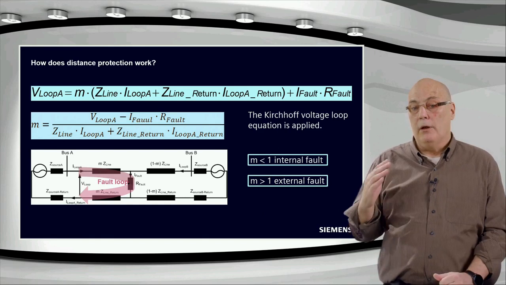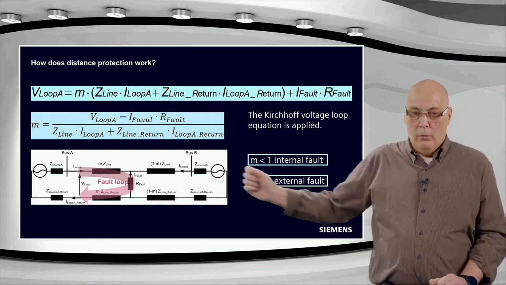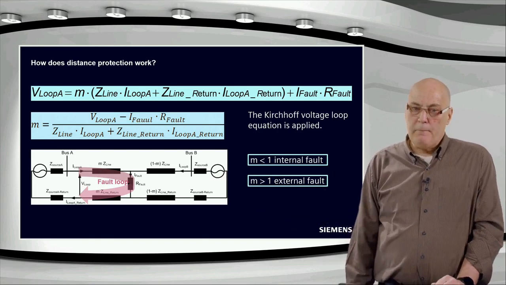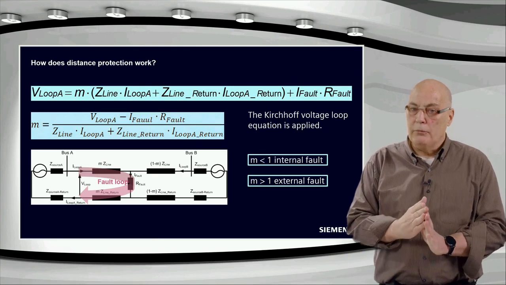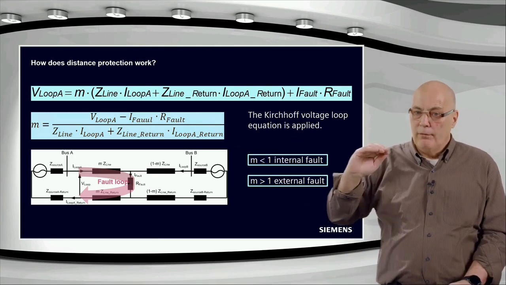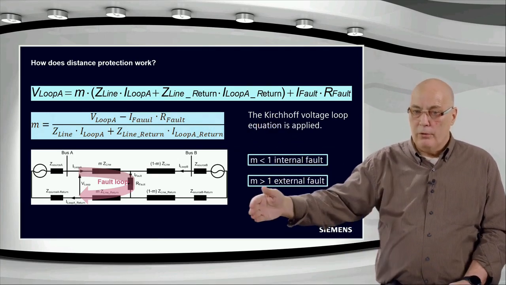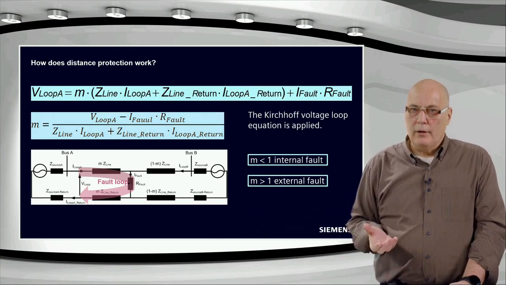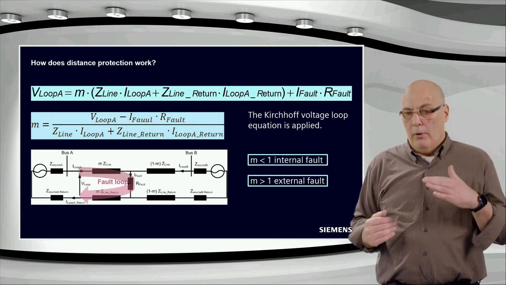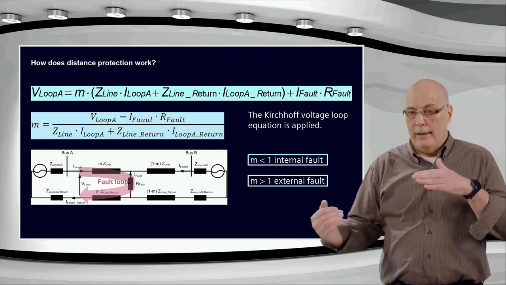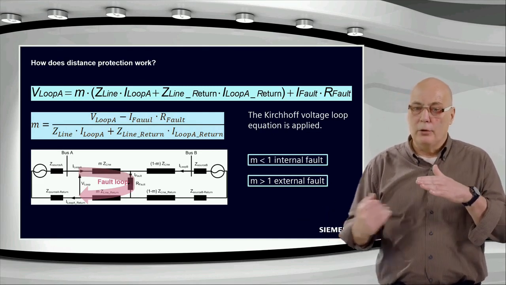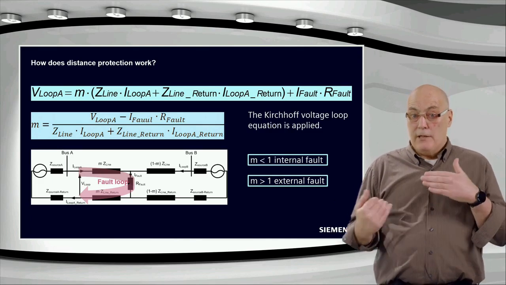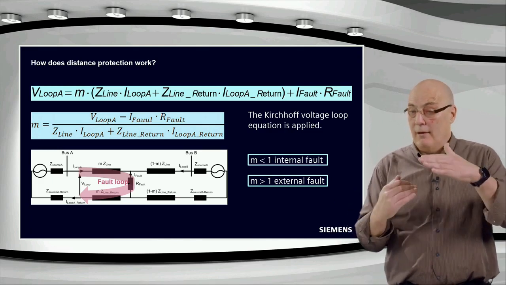But remember, you'll always have the relay location where the V loop is measured. And from there, the relay will measure the current, the I loop. It will flow outward towards the fault, through the fault location, and then come back as a return current. And we must consider both paths, the outward path, M times ZL, and the return path, Z line return. For a phase-to-phase fault, it's both times the line impedance.